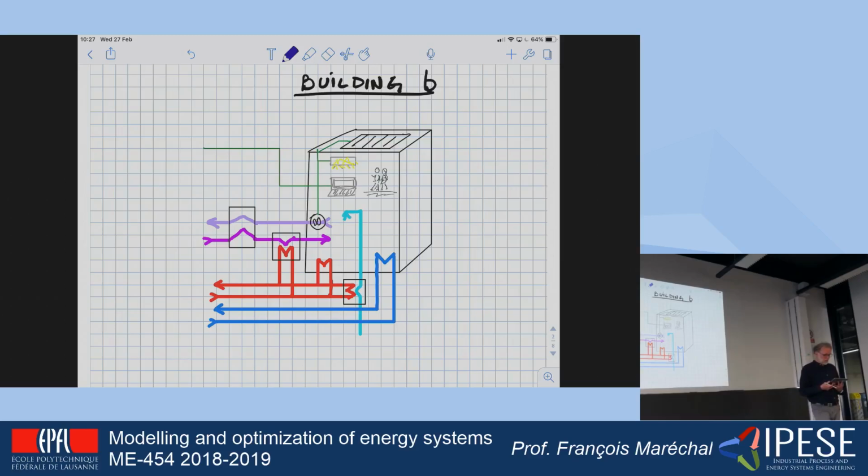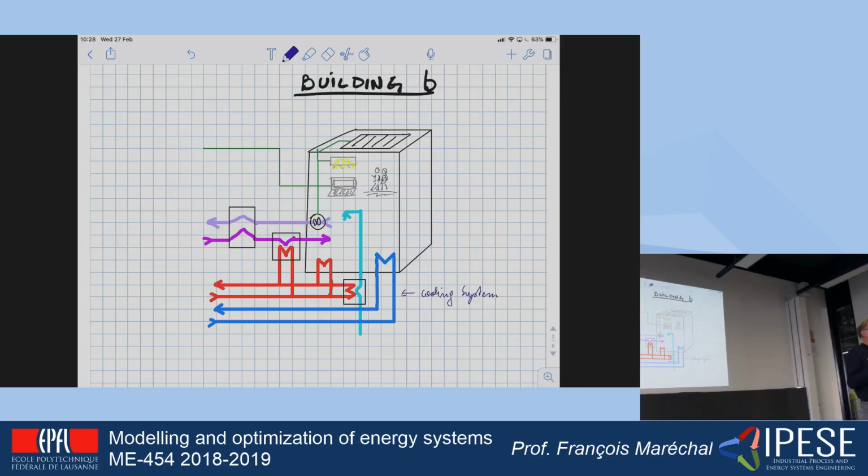And if I'm looking at what that means, I'm going to realize that on one hand, here, we can see that the building is cooled down. So it means that there is a flow of cold water entering the system, and this is the cooling system.